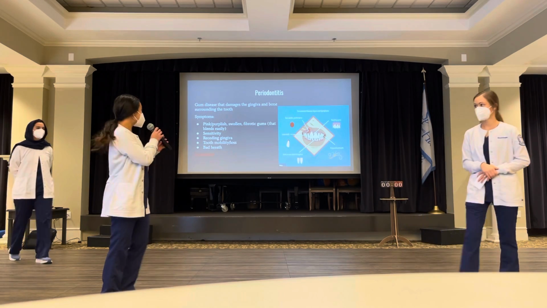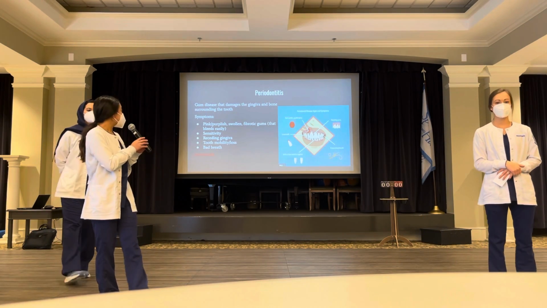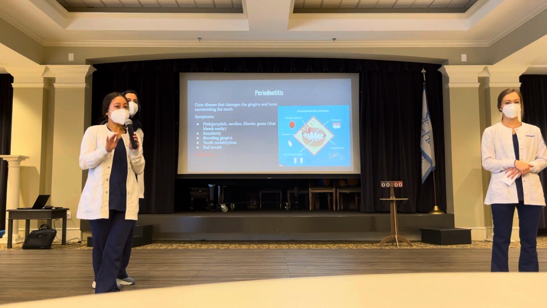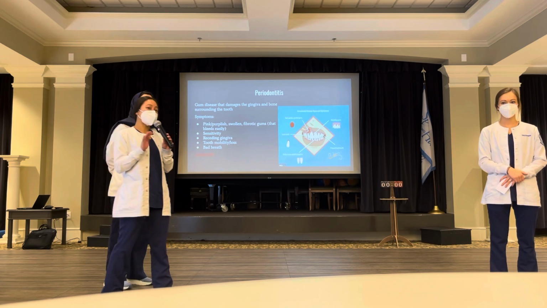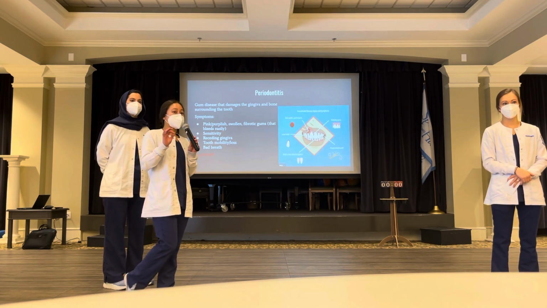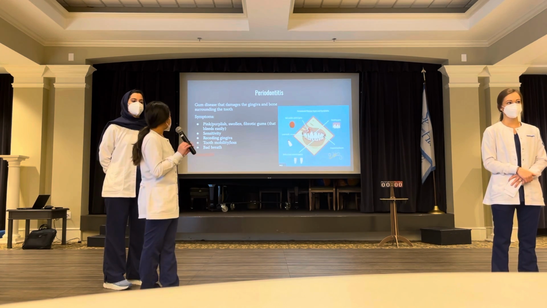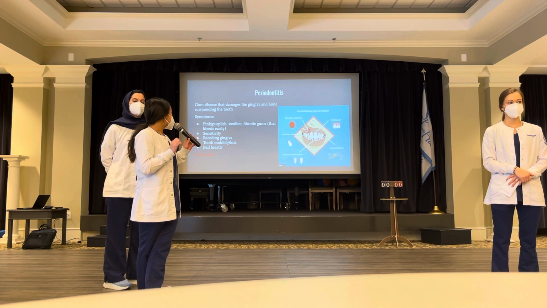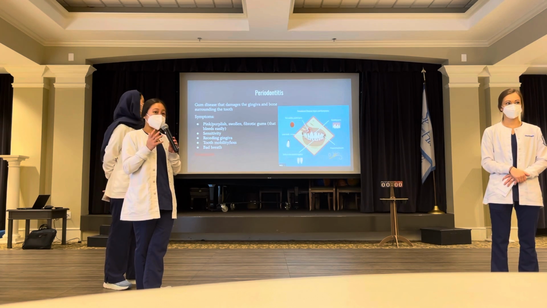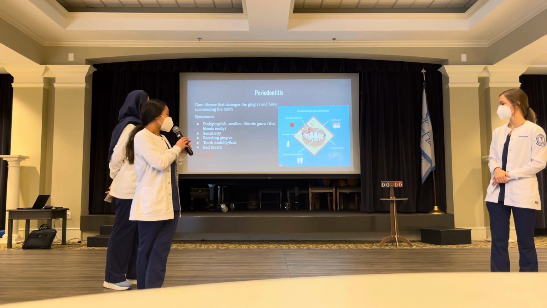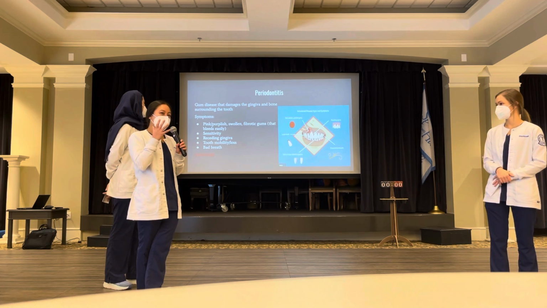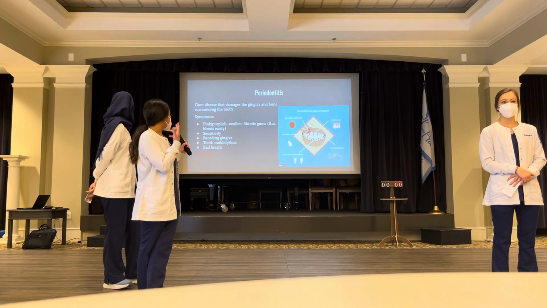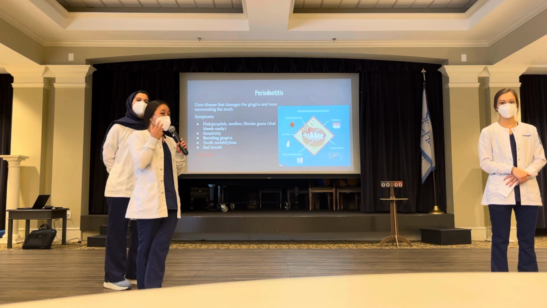So this is periodontitis, and this gum disease is irreversible. The reason why this is irreversible is because you're losing your bone. This gum disease damages the gingiva and the bone surrounding the tooth. Your gums can appear purple, red. They're very sensitive.